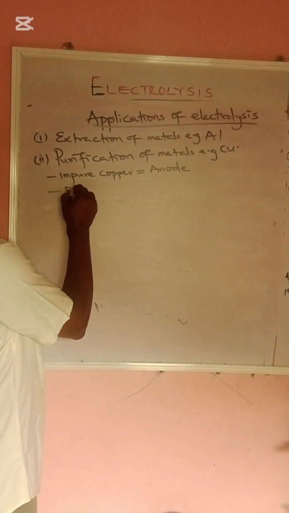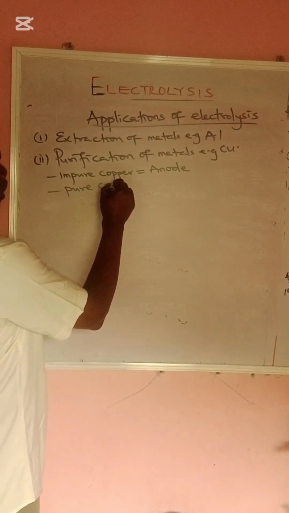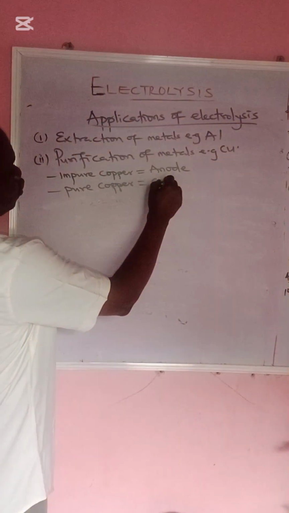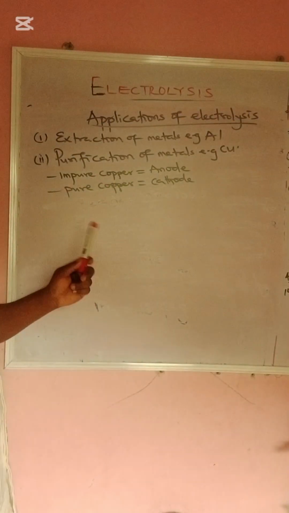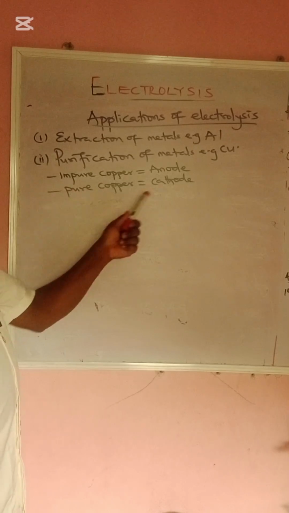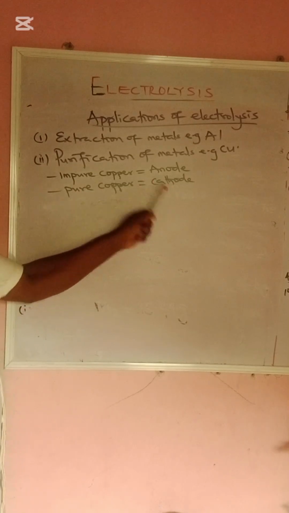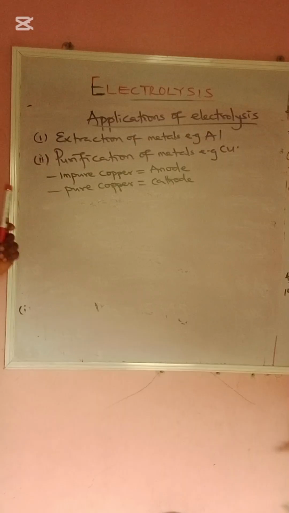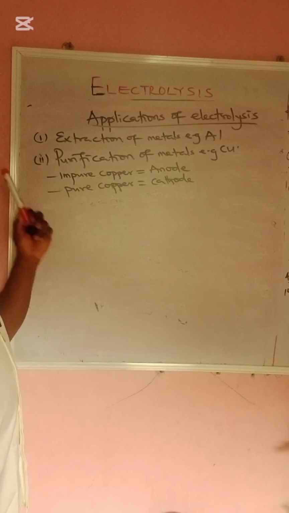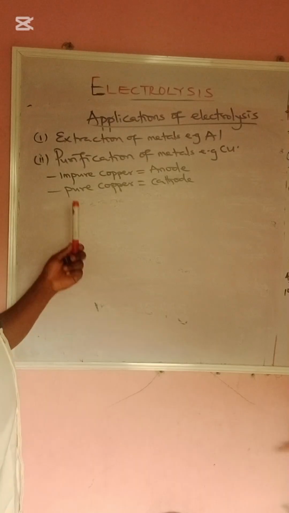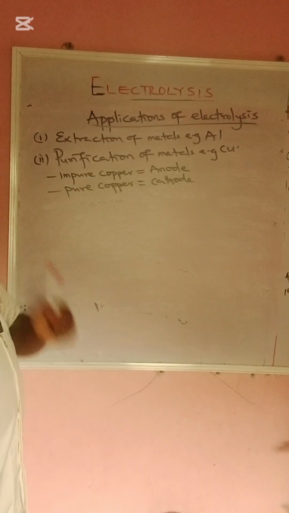While the pure copper is the cathode. So the impure copper will dissolve in the solution and the copper will be deposited on the cathode as pure copper. In the purification of metal, the impure one is the anode, while the pure one is the cathode. Always take note of that.